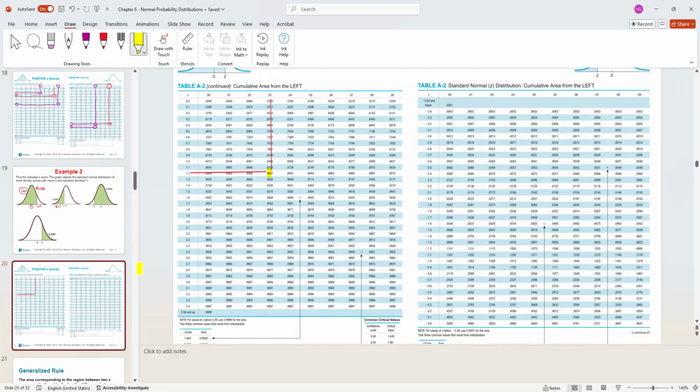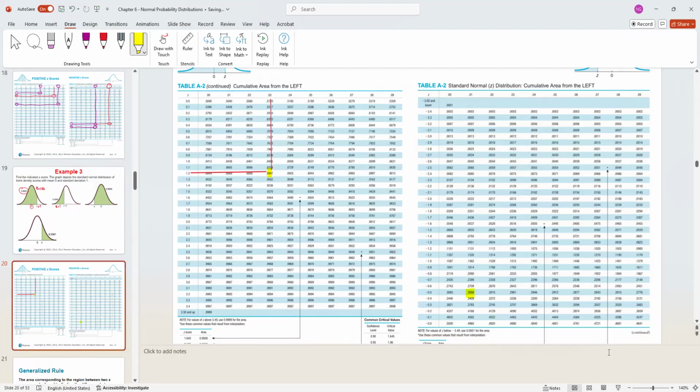Remember, I'm looking for 0.3050. All right, 30. It's down here. Yep, this is 0.3050.